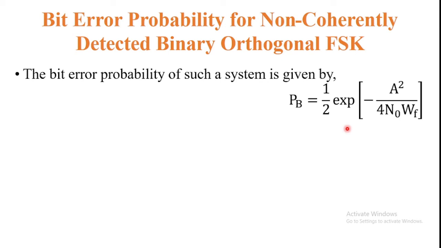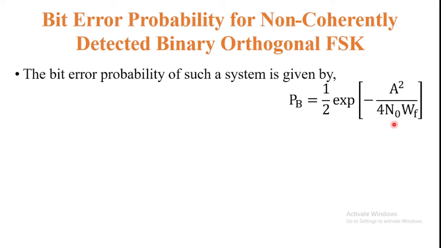The bit error probability of such a system is given by P suffix B is equal to 1 by 2 e power minus A square by 4 N naught into W F, where capital A is the peak signal amplitude, N naught by 2 is the power spectral density of the white noise, W suffix F is the filter bandwidth.